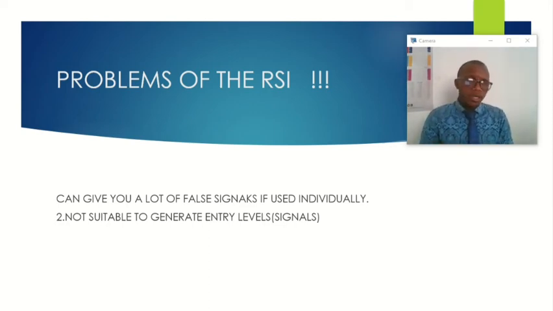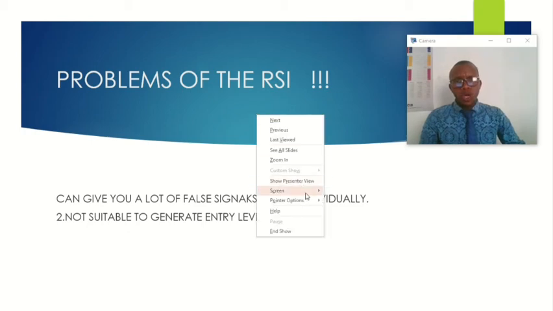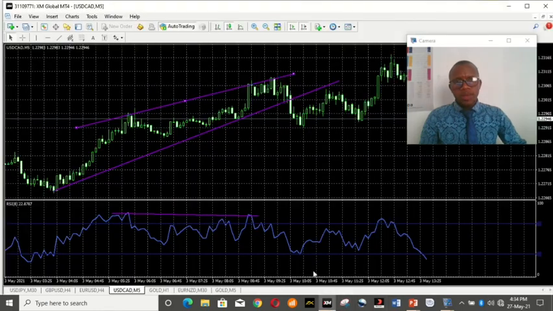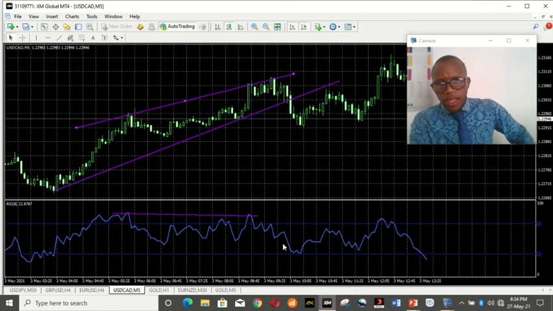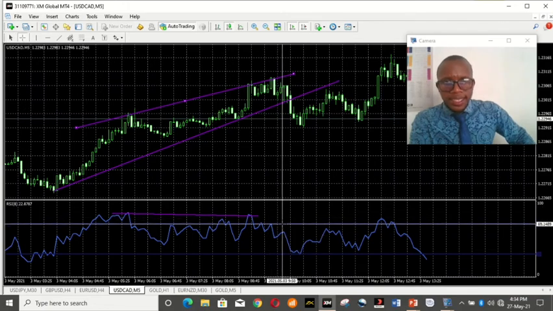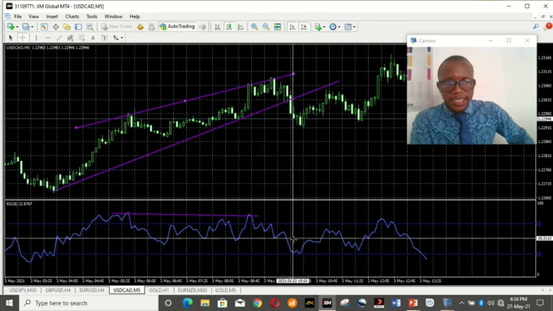So, ladies and gentlemen, I think it does make sense. Let's go check our chart for the last time. You see what I'm talking about here. The RSI has indicated that it's a sell, it's a sell, it's a sell.